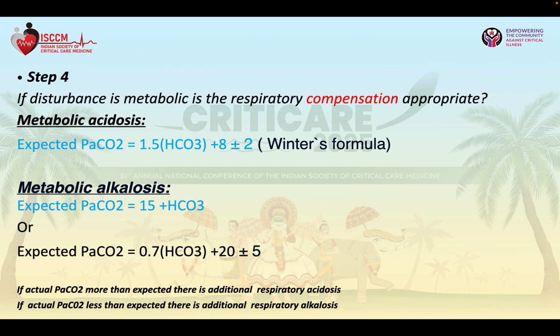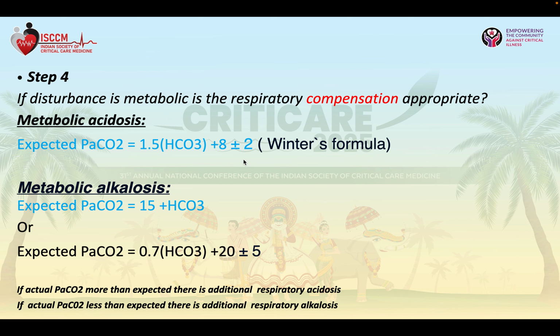The next step is to know whether there is appropriate respiratory compensation for a metabolic problem. As far as metabolic acidosis is concerned, what we are interested in calculating is the expected PCO2 as a compensatory mechanism. This formula is called Winter's formula, which goes by 1.5 multiplied by the bicarbs plus 8, plus or minus 2.